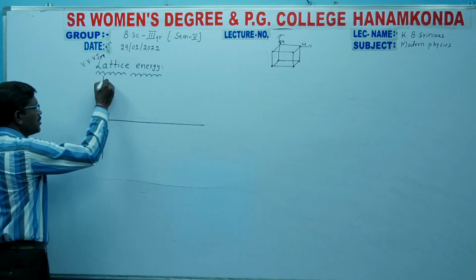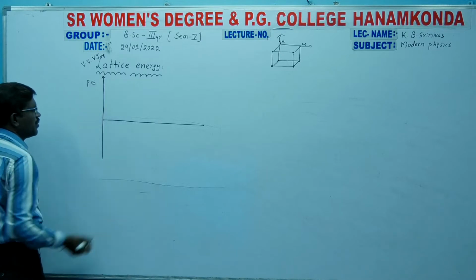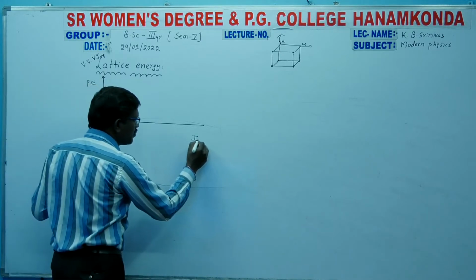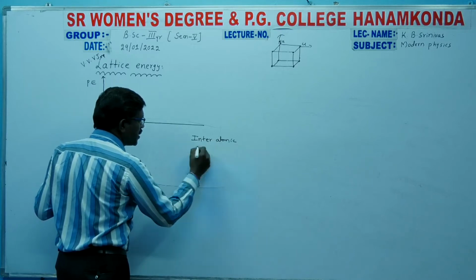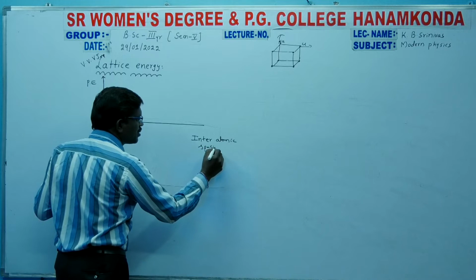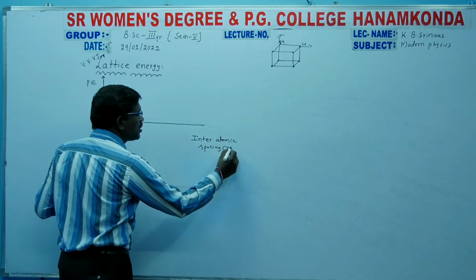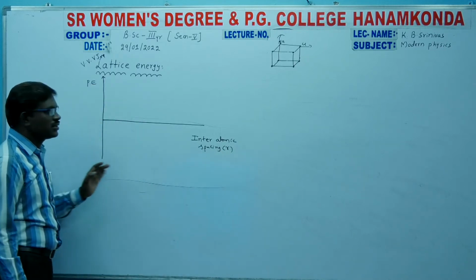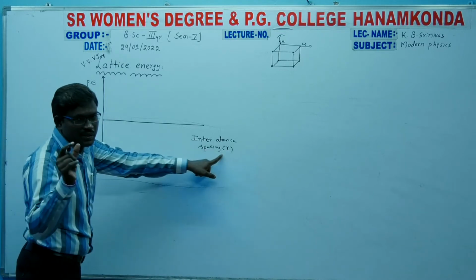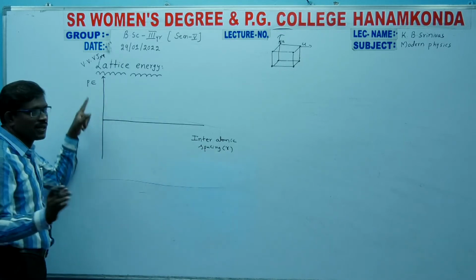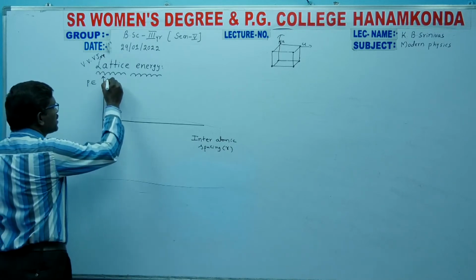Here I am drawing potential energy versus interatomic spacing in the lattice, generally represented by small r. This is the graph between the spacing between the atoms of the crystal and the corresponding potential energy. And this graph comes out like this.